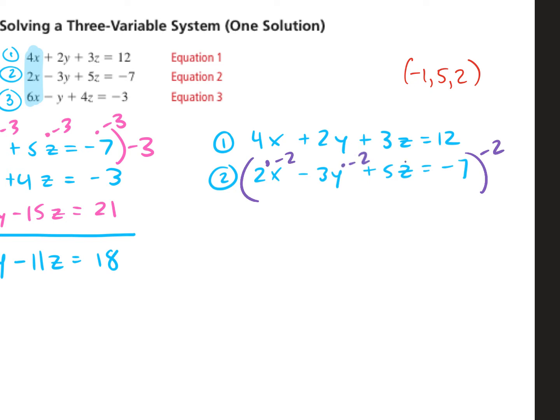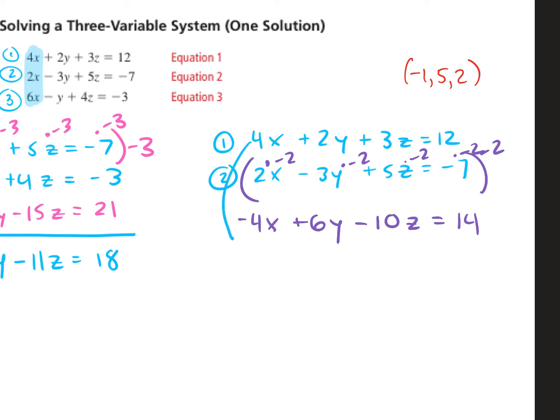That way my x's will cancel. So my new second equation is negative 4x plus 6y minus 10z is equal to positive 14.